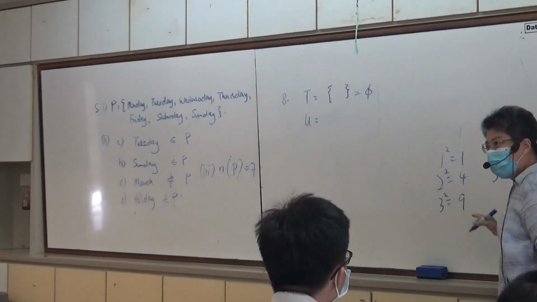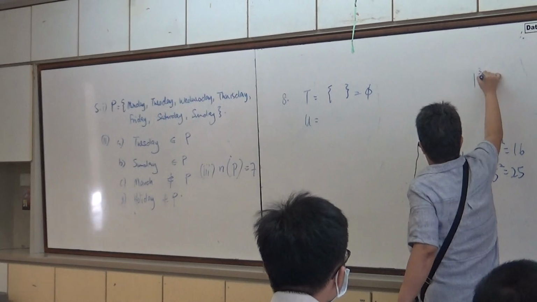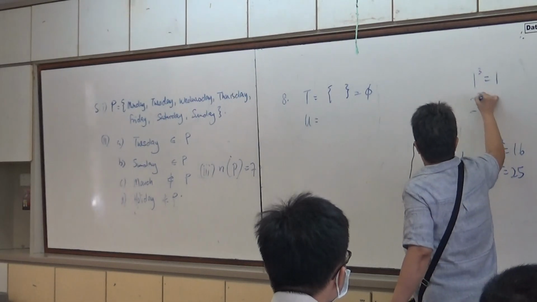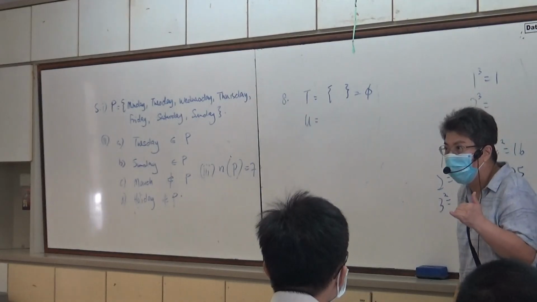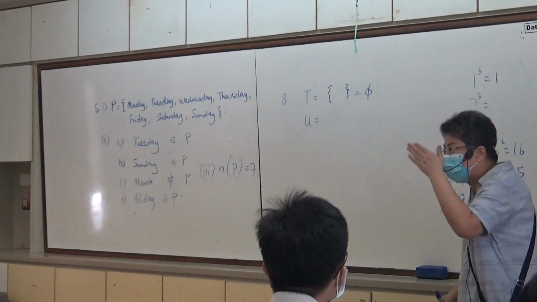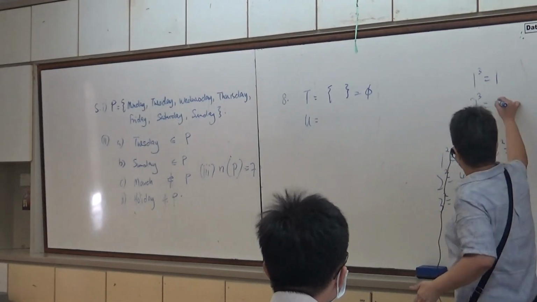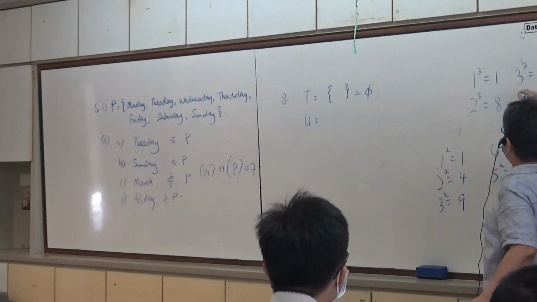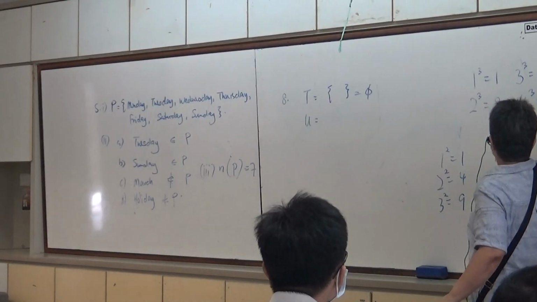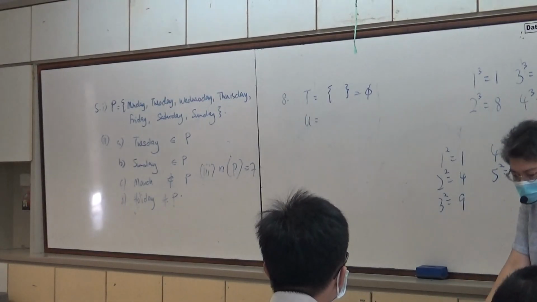Perfect square you know. Perfect cube will be this: 1 cubed, 2 to the power of 3. What's the meaning of 2 to the power of 3? 2 times 2 times 2, so this is 8. What is 3 cubed? 27. What is 4 cubed? 64.